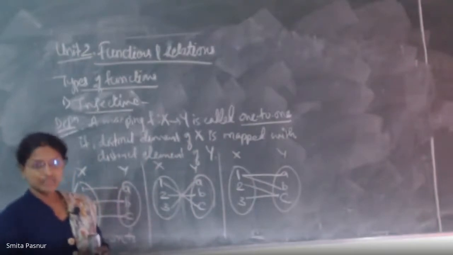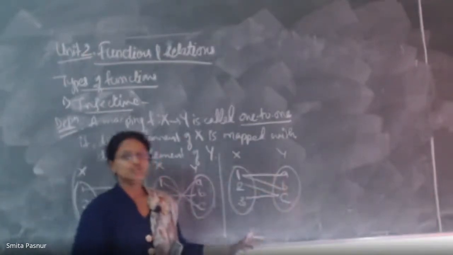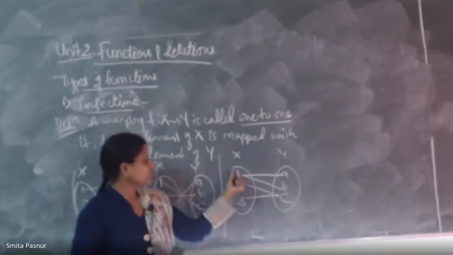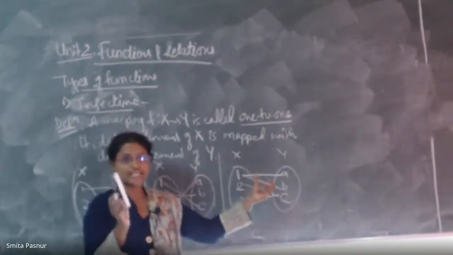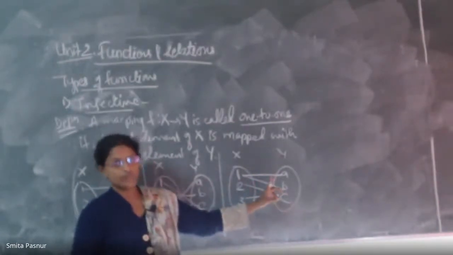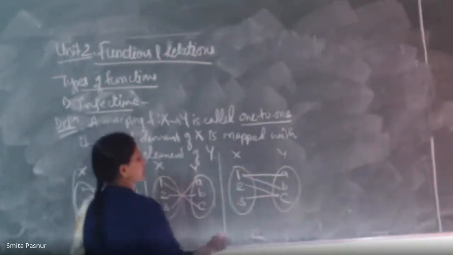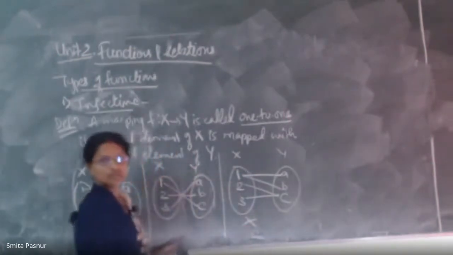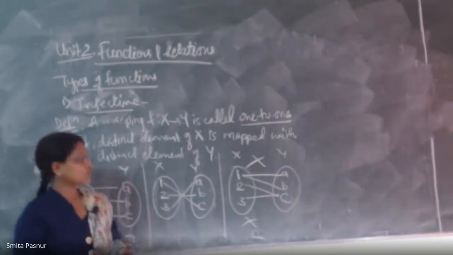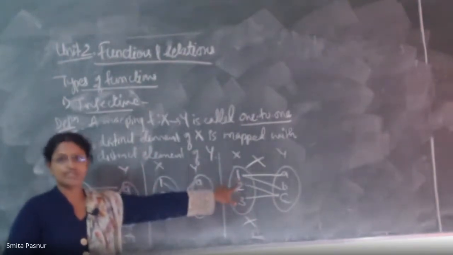That means this is not uniquely connected. You cannot say that this one is connected to only one element of y. Is it the case? No. One is connected to A also, B also. So this is not injective. This example is wrong. This cannot be an injective function.